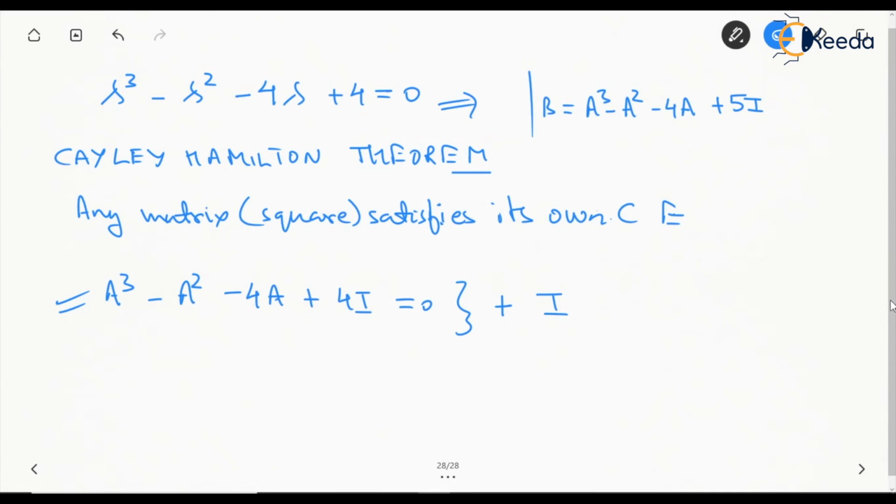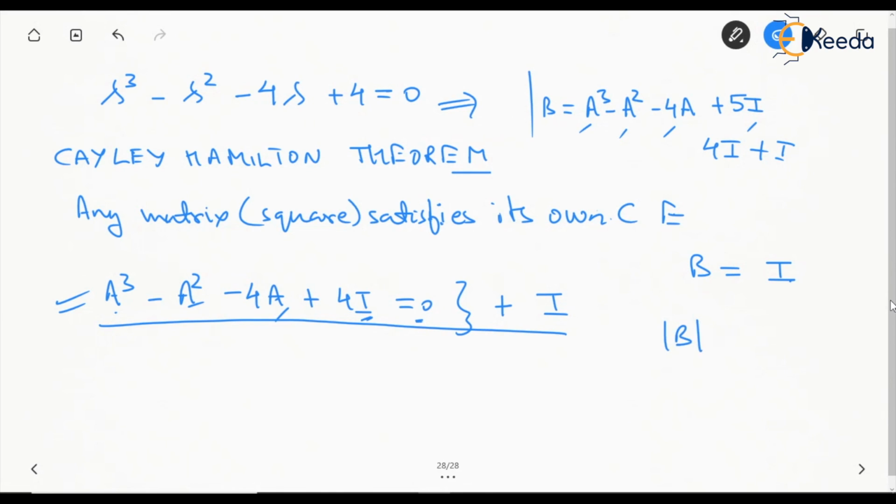Just see this, A cube is also there, minus A square is there, minus 4A is there, and then 5I. So 5I is like 4I plus I. So up to 4I, this is going to be 0, and we have to add just one more I, which means B is nothing but I. And if we have to find the determinant of B, it is going to be the determinant of I. Of course I is 3 cross 3, and even if it is of any other dimension also, the determinant is going to be 1. So this is the answer.